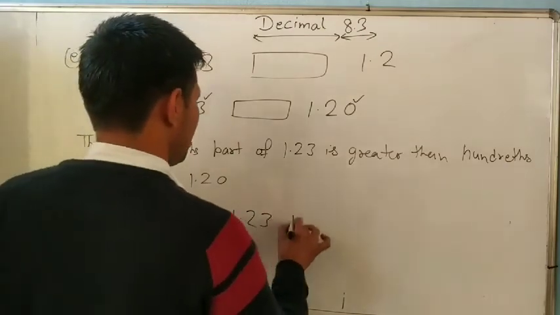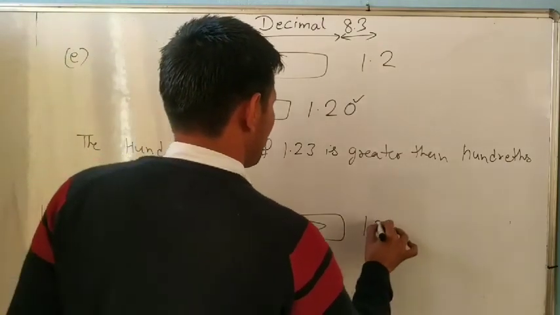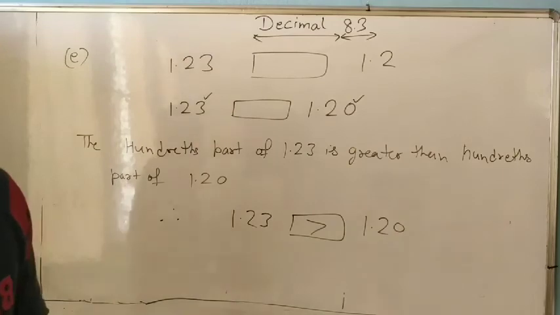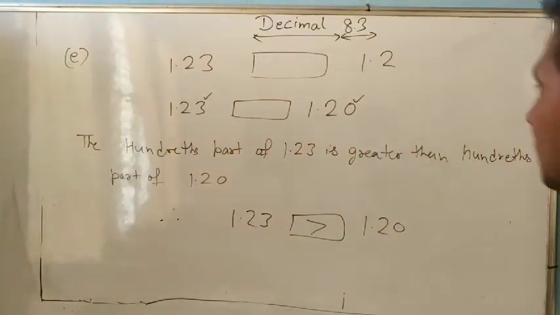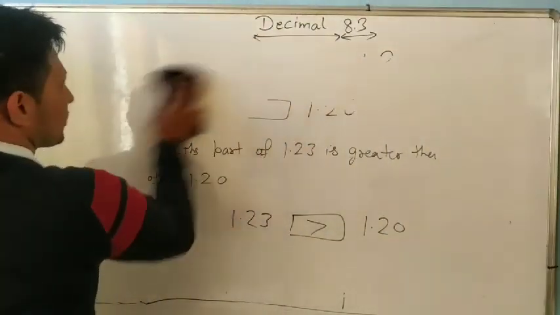Therefore 1.23 is greater than 1.20. Understand it? So like this you can solve all the questions. Okay, understand or not? Same as it is.